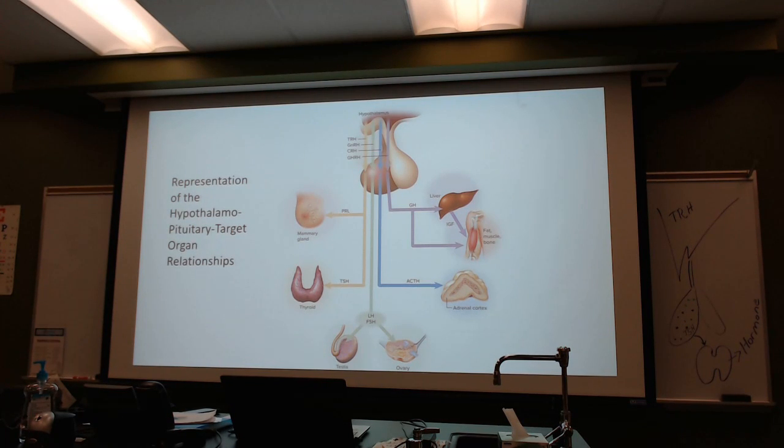And so the pituitary gland will either make the product or not make it. The anterior pituitary, the posterior pituitary, both are controlled by the hypothalamus. One is the cellular component, one is the nervous tissue.